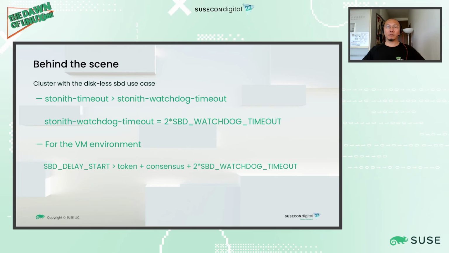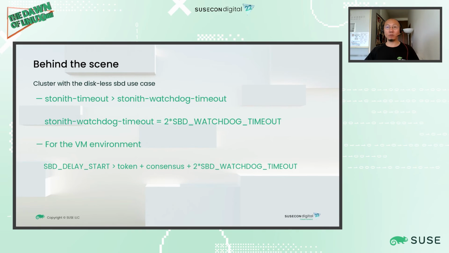Look at the situation of a cluster set up with a diskless SBD use case. So crm shell will make sure the stonith timeout, which is a pacemaker property, is bigger than the stonith watchdog timeout.